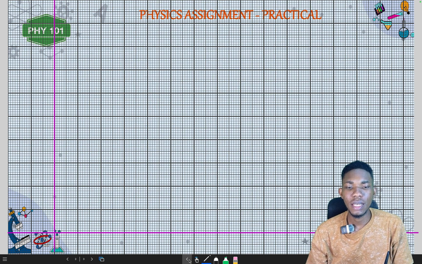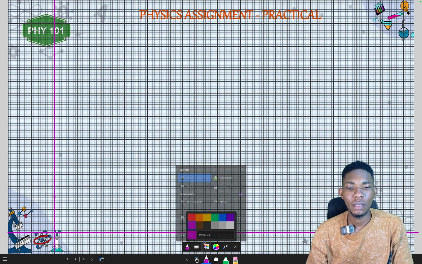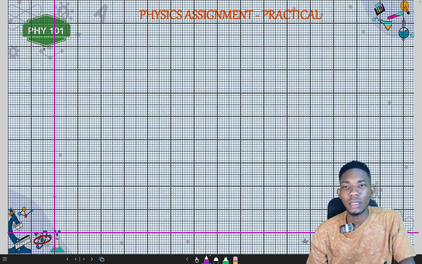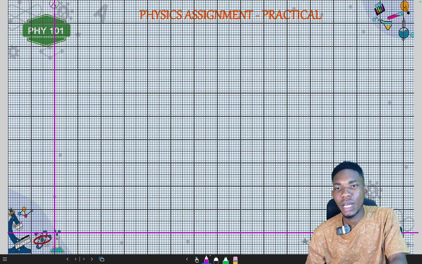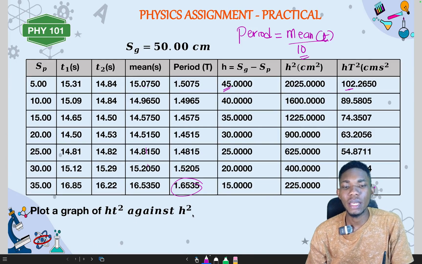Now, having drawn this line like this, the next thing we are going to do is to write our axis. Now, the graph they ask you to plot is a graph of HT square against H square.